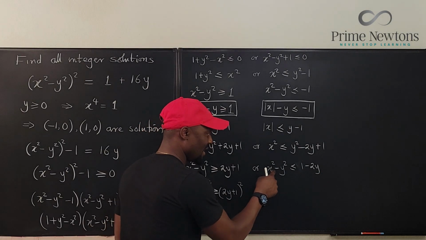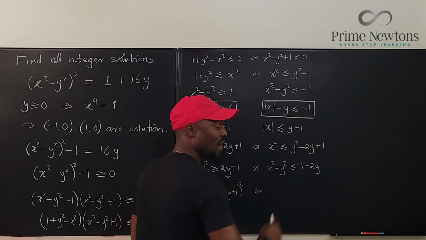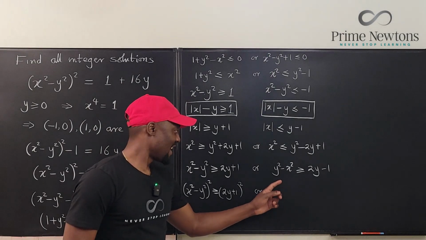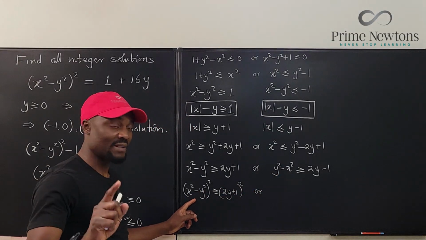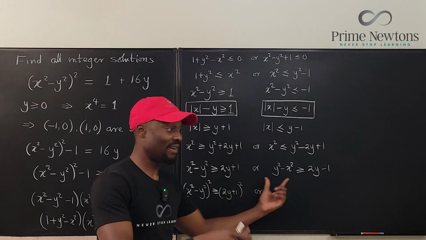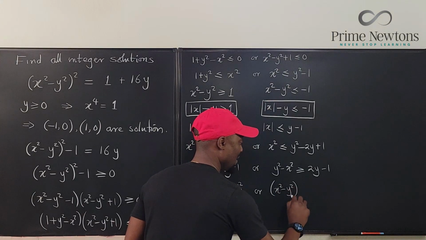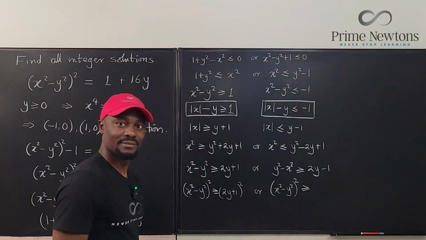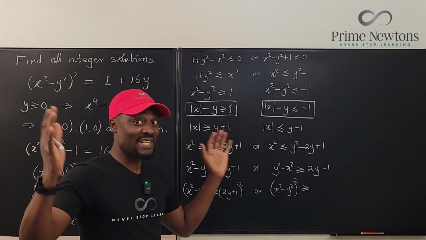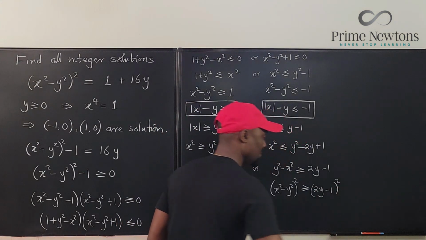So that means this expression is going to switch and become y squared minus x squared, and this becomes 2y minus 1. I changed it. Now this no longer looks like this, but as soon as I square it, it doesn't matter where they are. If I square this, I can rewrite it as x squared minus y squared, squared. You see? Once you square a number, the minus sign doesn't matter, and this becomes 2y minus 1 squared.